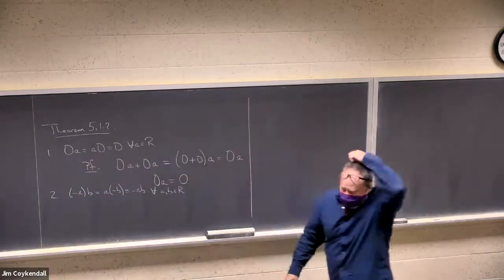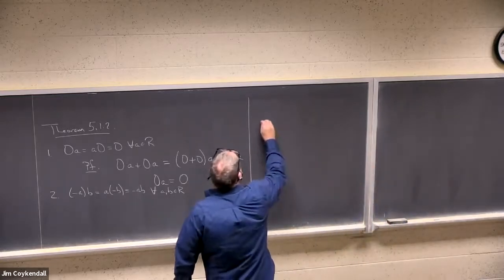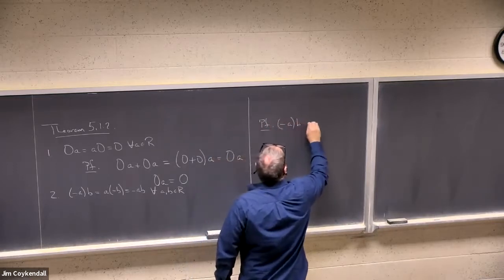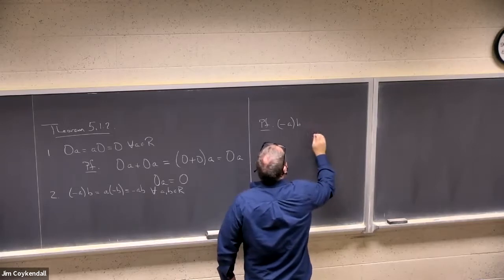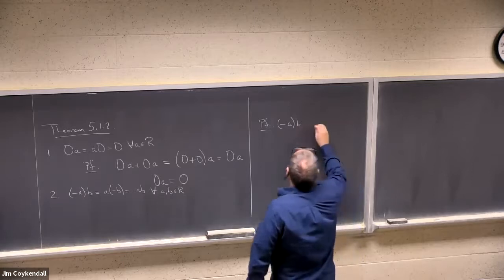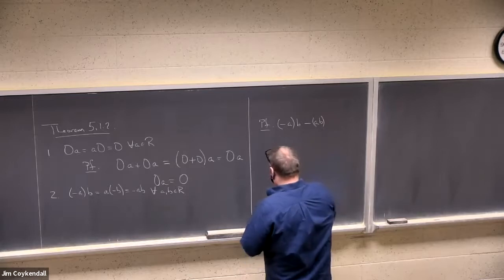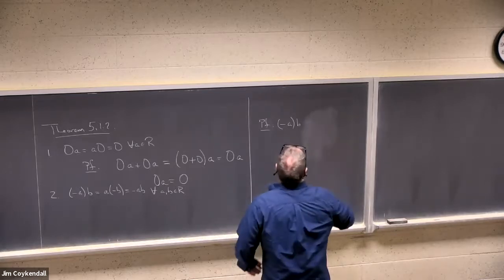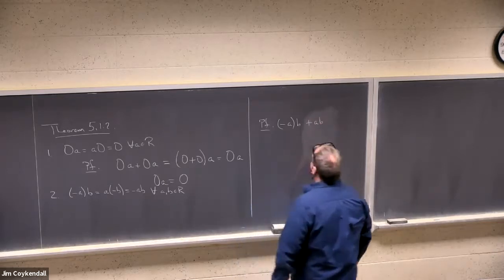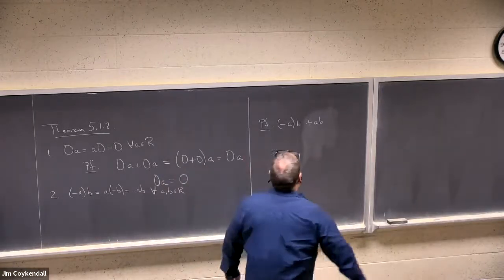How would you do something like this? Well, the way I would do this is, this one would be a complete proof, just do one bit of it. If you look at minus AB, what happens if you have this?